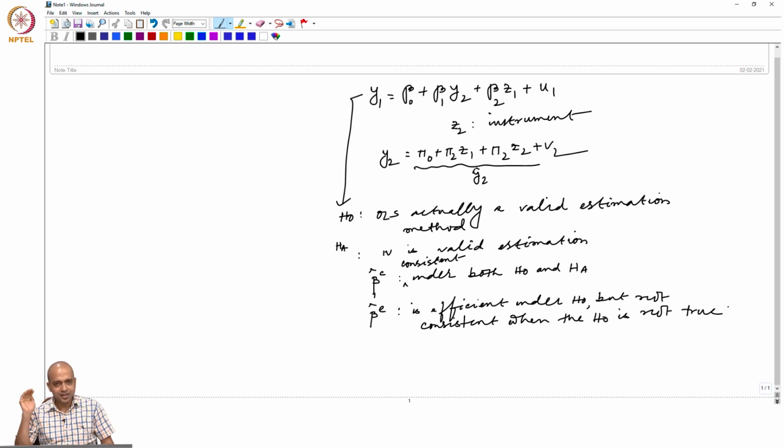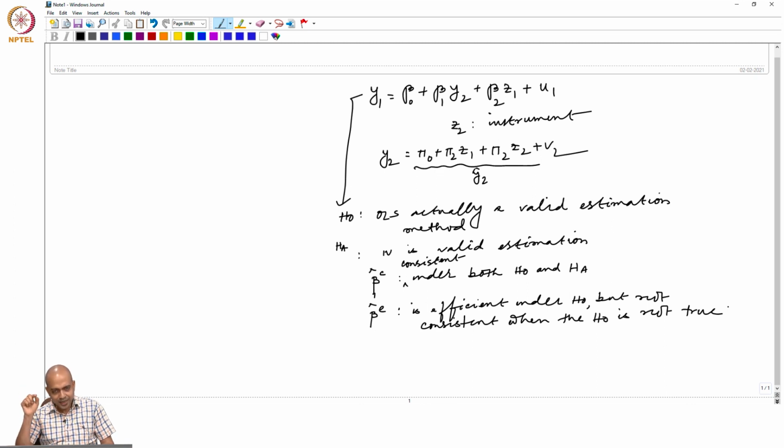Once again, what I repeat is that if there is no endogeneity, whether we apply IV or OLS, both the estimates would be consistent. Consistency would be preserved. But if there is no endogeneity and we still apply IV, then the efficiency property to some extent we have to sacrifice, because IV standard errors are larger than OLS standard errors.